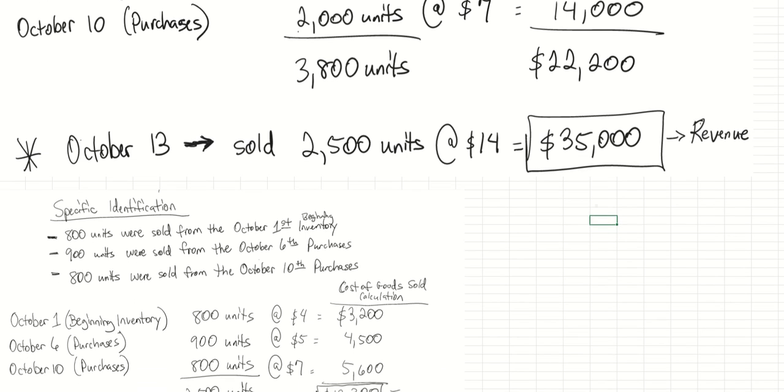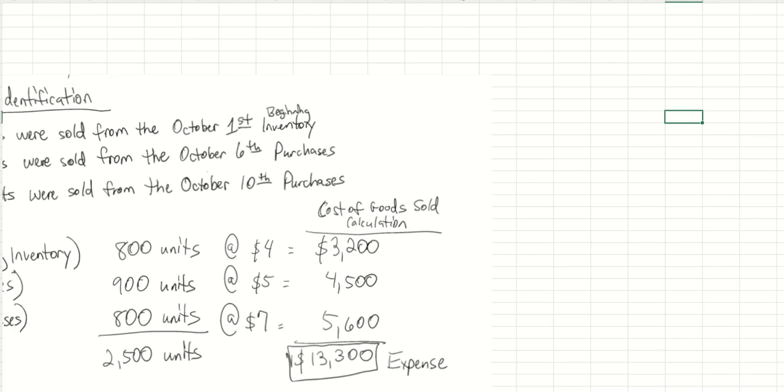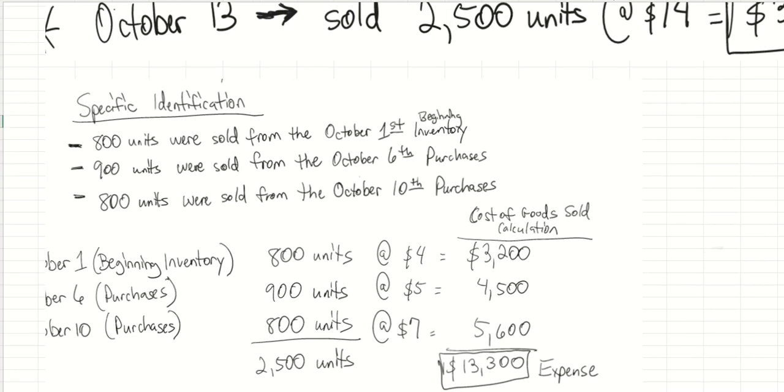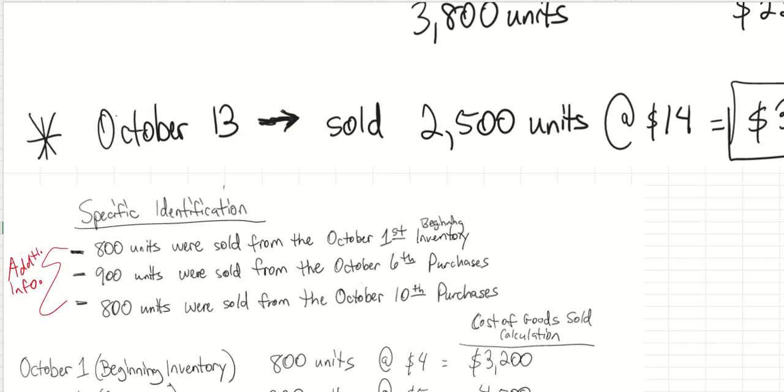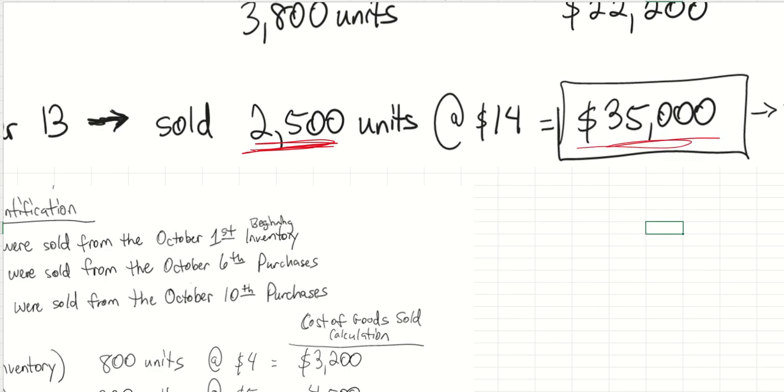So we scroll up here, and we'll scroll down. You see right here, this is your additional information that's provided. You notice that differs from the other three methods. We see here 2,500 units were sold for $35,000 in revenue.